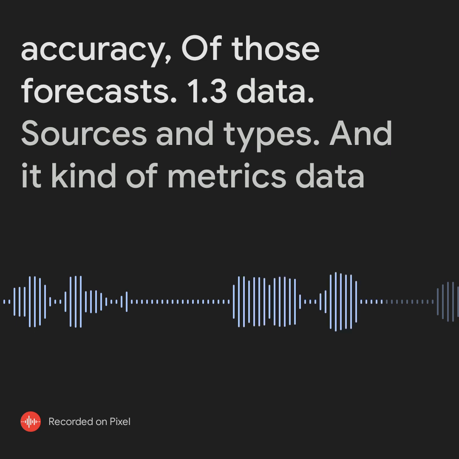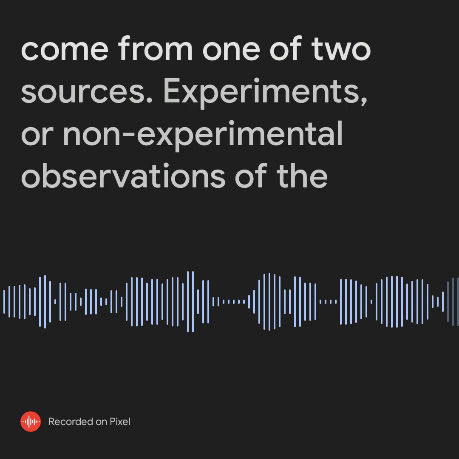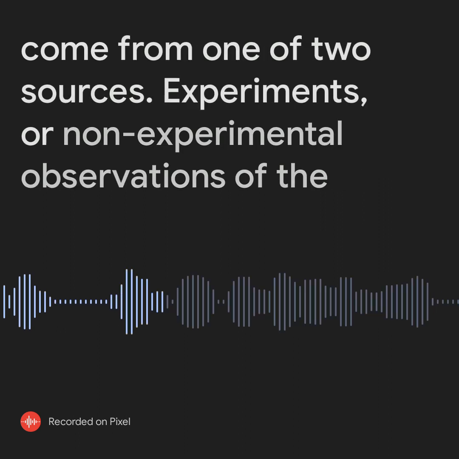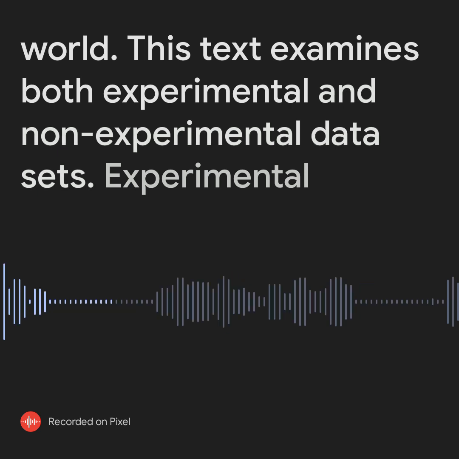1.3 Data, sources, and types. In econometrics, data come from one of two sources: experiments or non experimental observations of the world. This text examines both experimental and non-experimental data sets.